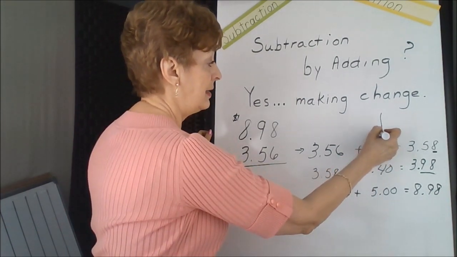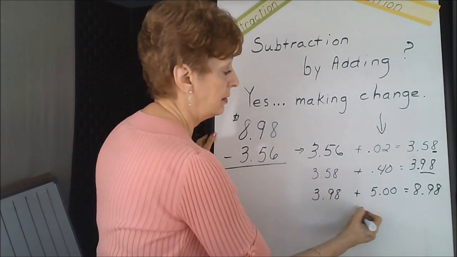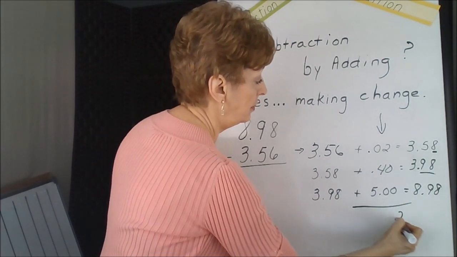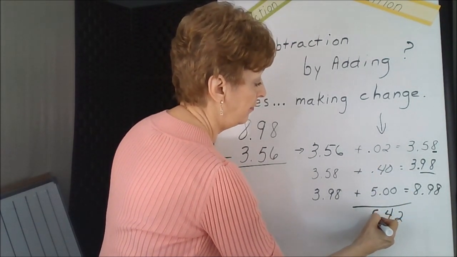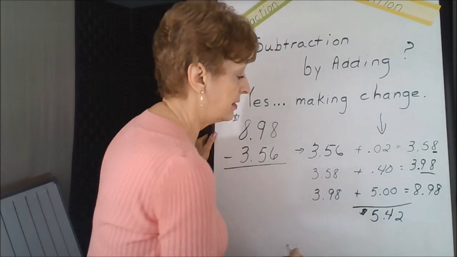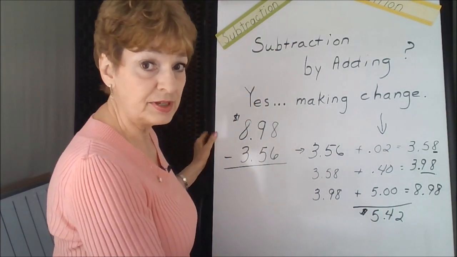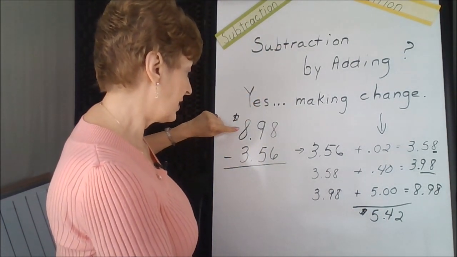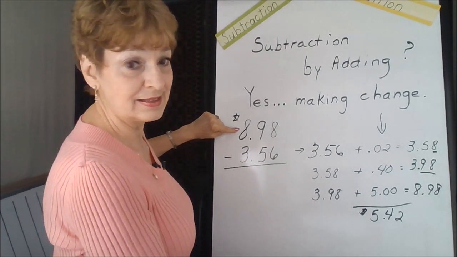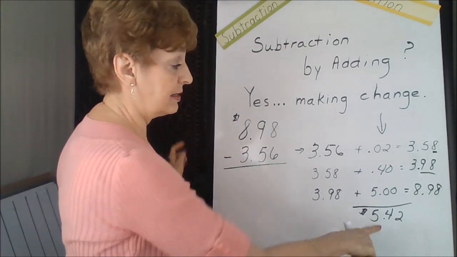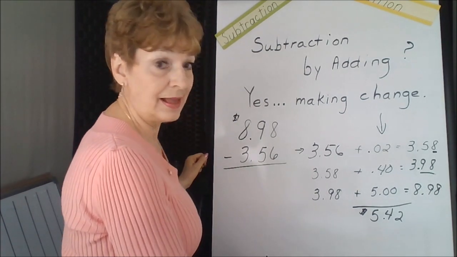If I add these monies together, I would get to 4 and 5. $5.42 would be what I would have left in my pocket if I started with $8.98 and spent this much of it. I'd still have $5.42 left.